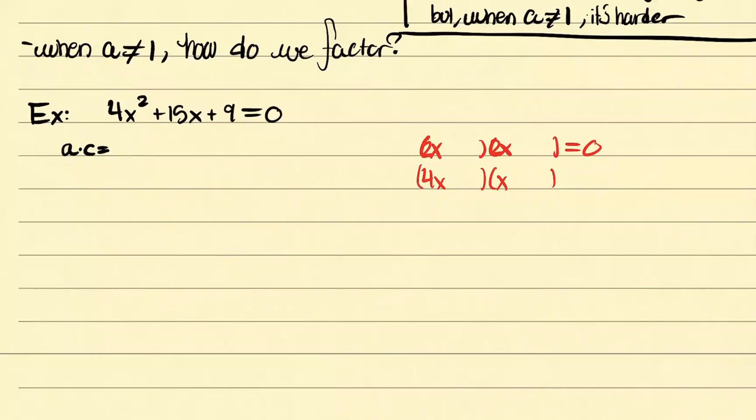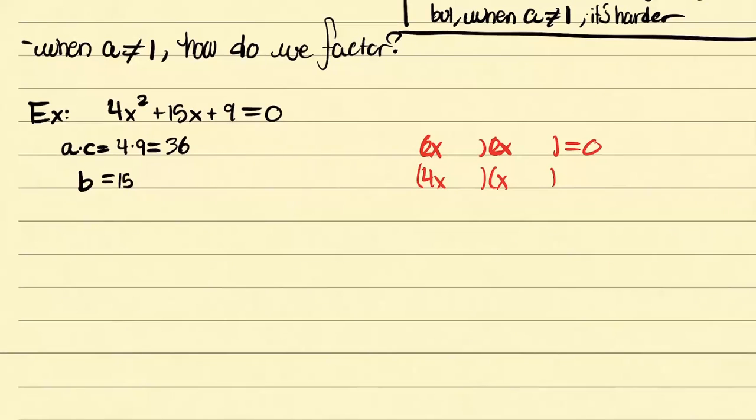Yep, 4 and 9. So I'm going to look at 4 times 9, which is 36. And now I'm going to look at b. b is equal to 15. So what I'm going to do now is think of some factors of 36.